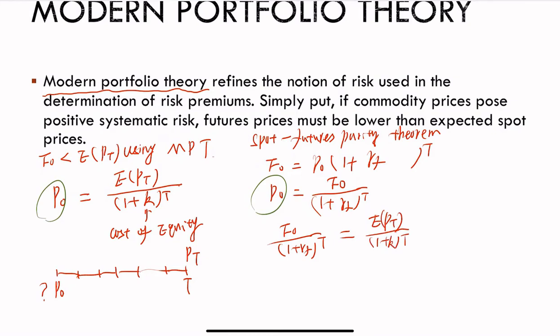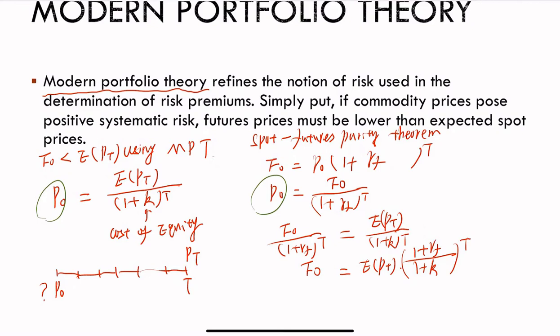And then we further manipulate this equality, we could find out F0 equals EPT times (1 plus RF) divided by (1 plus K), right? What can you see here? Well, we know that by CAPM, the capital asset pricing model, K has to be larger than RF.